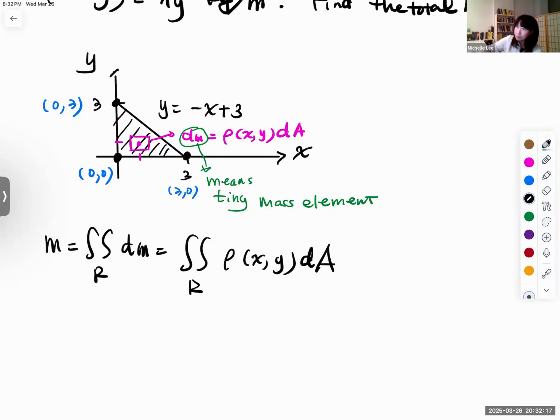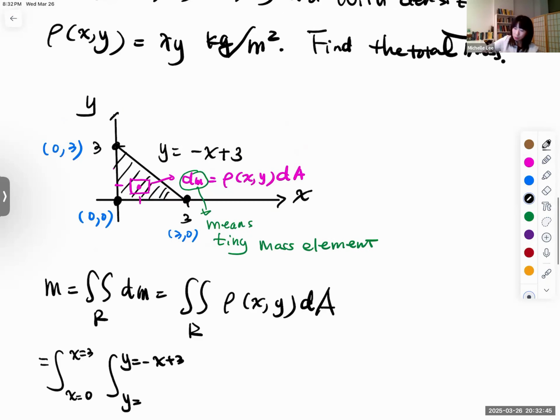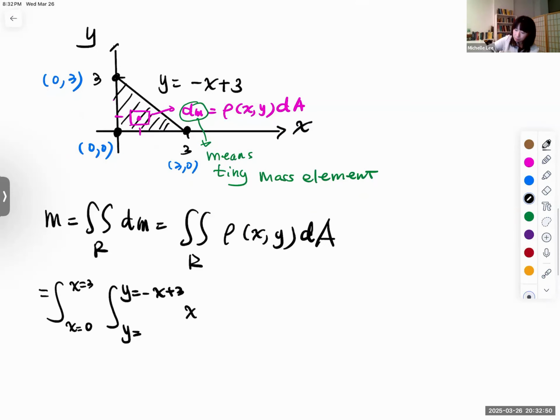All right, so let's do it. We have x from 0 to 3, and then y from 0 to negative x plus 3, then the density function xy, then dy dx.